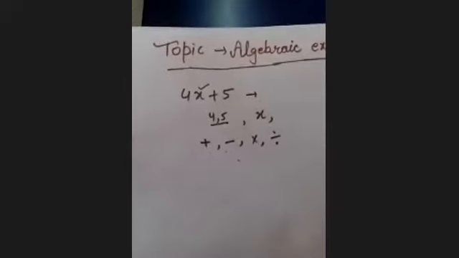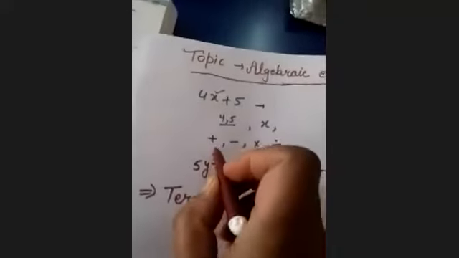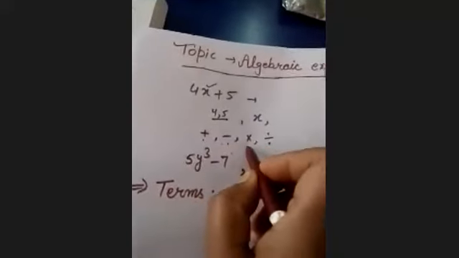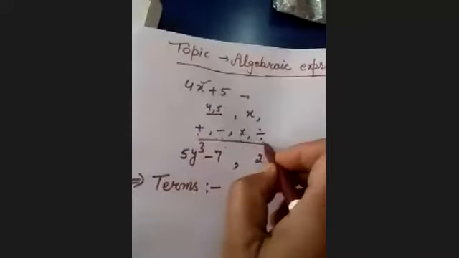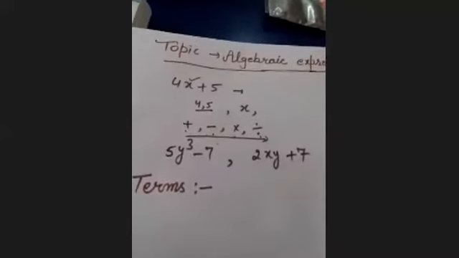Next, what are terms of an algebraic expression? Our next point is terms. The various parts of an algebraic expression which are joined by the four operations, addition, subtraction, multiplication and division, are known as its terms.